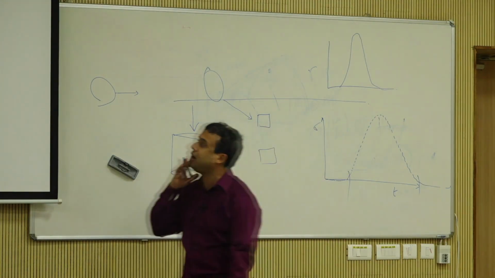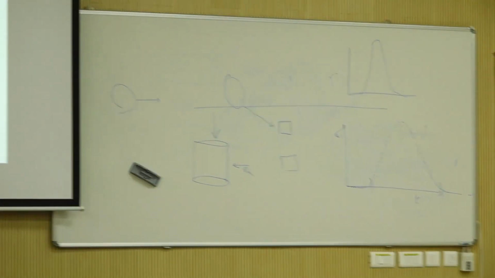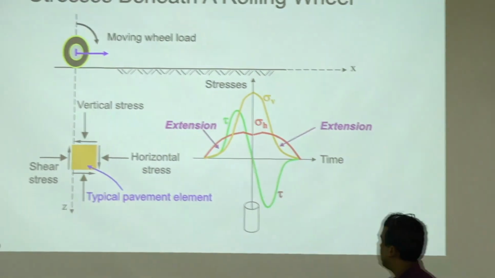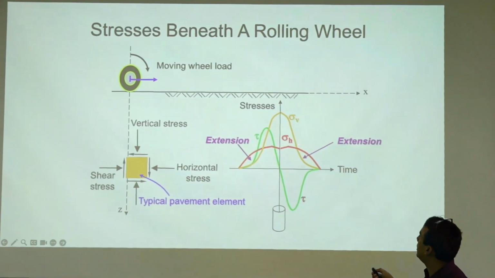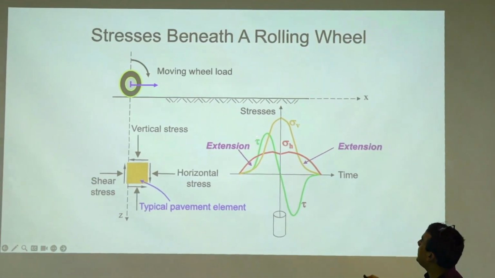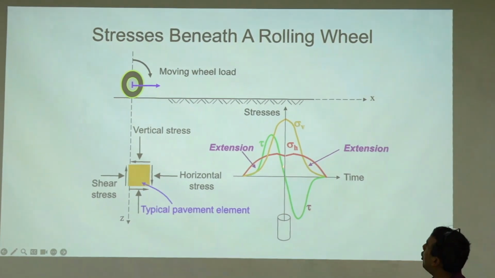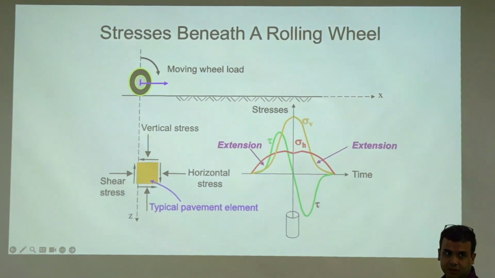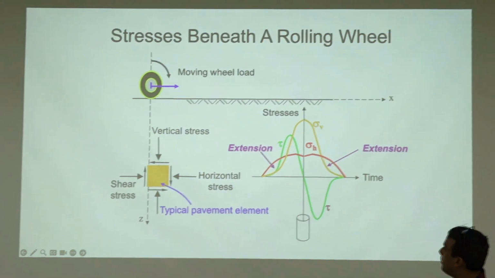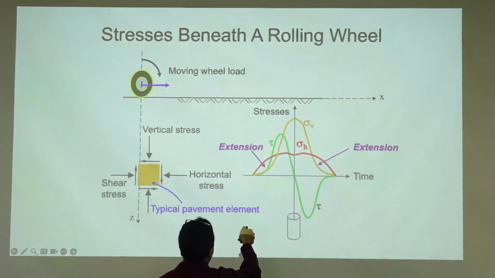So if you plot the stress pulses, you have a sigma V, the orange one, or yellow, or whatever that color is. Then you have the sigma H, and then you have a tau, and the tau of course is 0 when you are directly on top of it. That's the principal condition. But look at these points, folks, these regions.